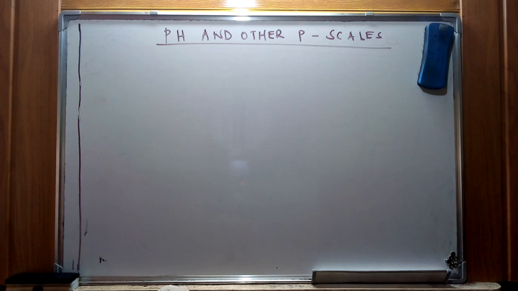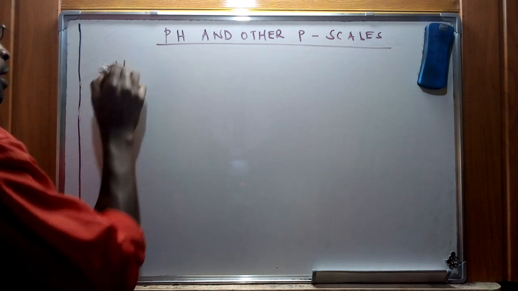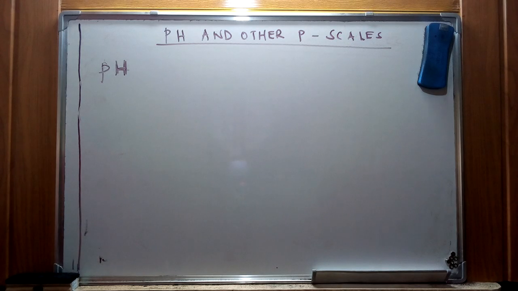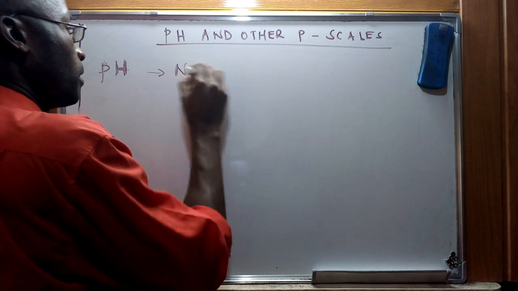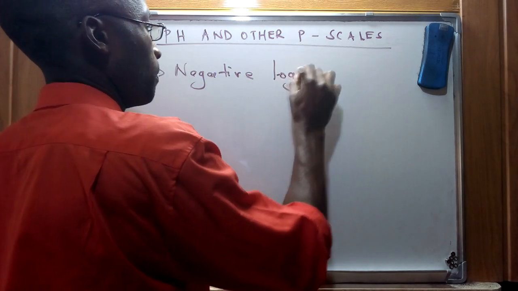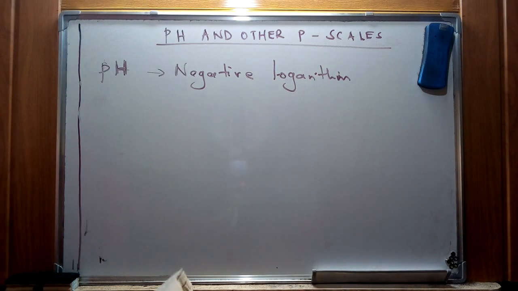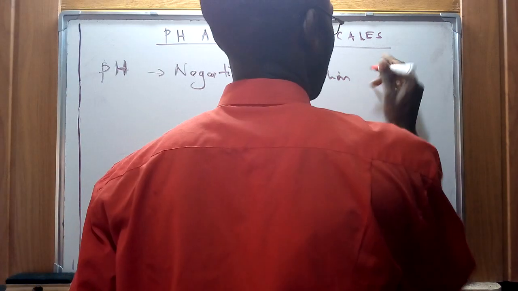So therefore, in this case, the acidity or alkalinity of a substance is going to be determined via the pH scale. And these initials refer to hydrogen potential. The pH of a given solution is defined as the negative logarithm, from mathematics, of the hydrogen ion concentration.